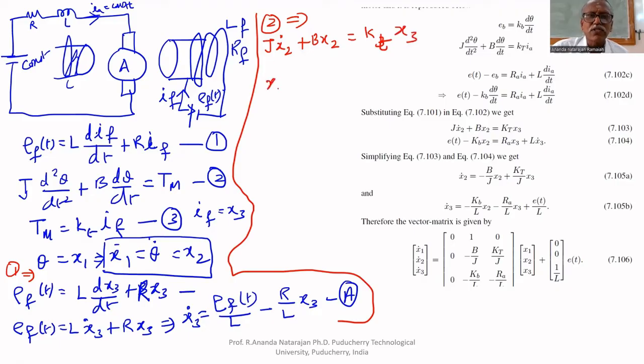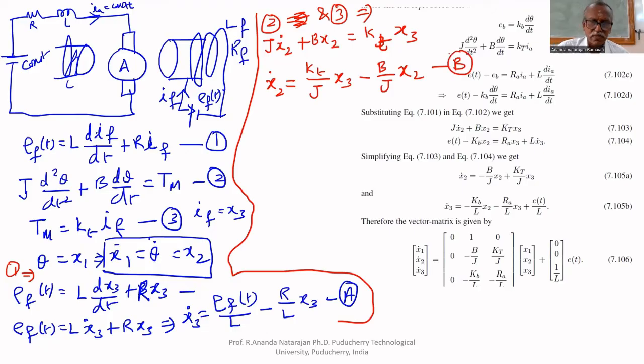Therefore, x2 dot equal to Kt by J x3 minus B by J x2. This is second and third equation together. Already we got one equation, X1 dot equal to x2.